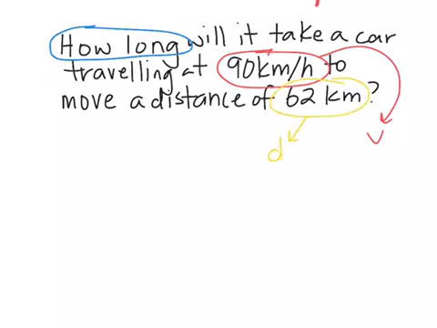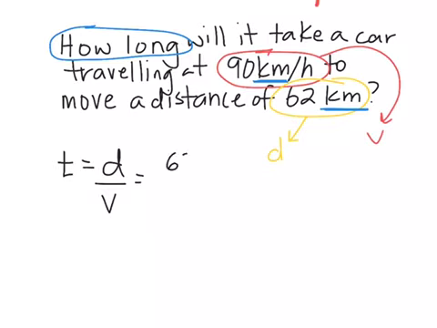We're going to take our formula. Time is distance over speed. Now, if you look here, we have kilometers in our speed, we have kilometers as our distance. For these types of problems, the units of distance must match. So they do, so we can plug right in.